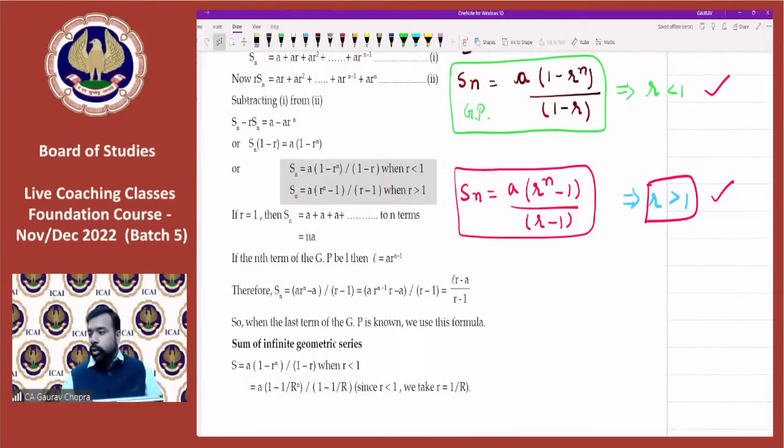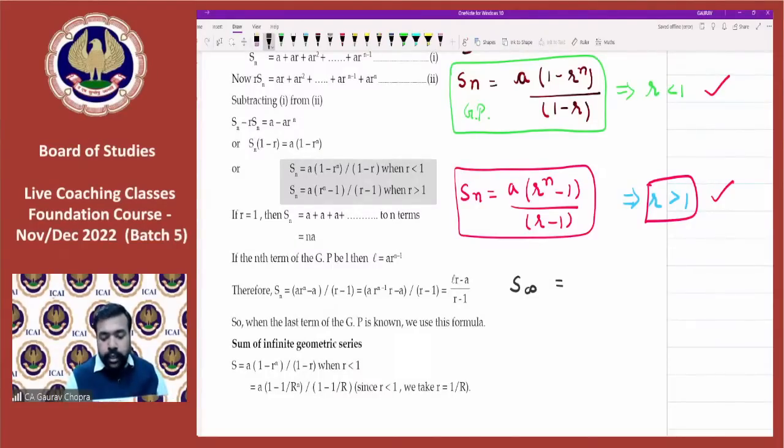Then there is one more formula, that is for infinite geometric series. So here we have to calculate the sum of the infinite series. Sum of geometric progression up to infinite. The formula is very much simple.